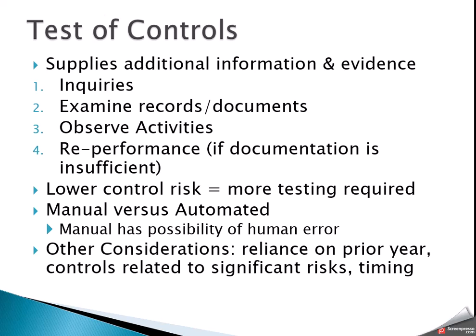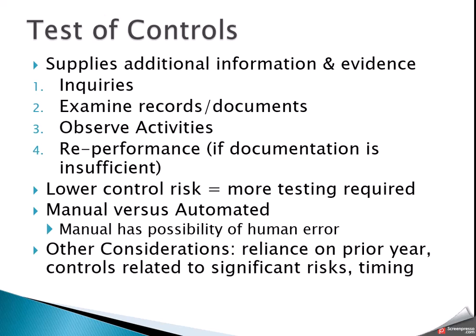The manual ones are going to maybe take a little more testing or a little more working through to get comfortable that they are free from material misstatements and that they are, on a go forward basis, not happening. There can be other considerations that again can impact the level of testing.